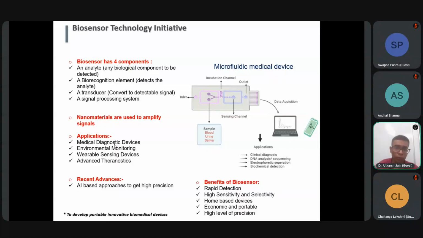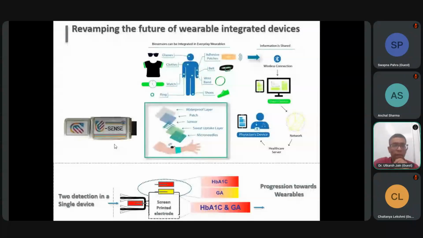So there are a lot of possibilities which we can use as wearable and home-based sensing devices. Finally, as I told you, wearable sensing is the future, where a lot of people are working, and we are also moving in this direction now, looking at how we can transform this screen printed electrode into a real wearable device.